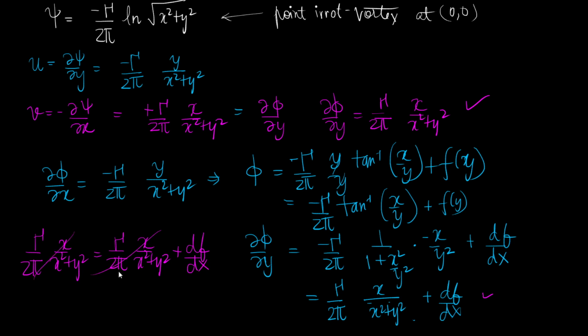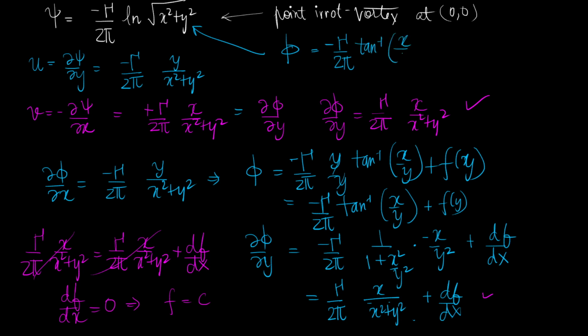So these two terms cancel out. So that implies df dy equal to 0. That implies f is constant. So utilizing these two, we obtain an expression for the velocity potential corresponding to this, and so the velocity potential is equal to minus gamma upon 2 pi tan inverse x upon y.